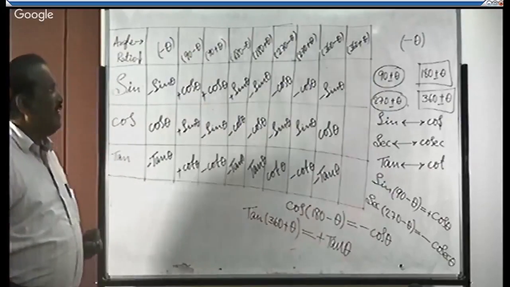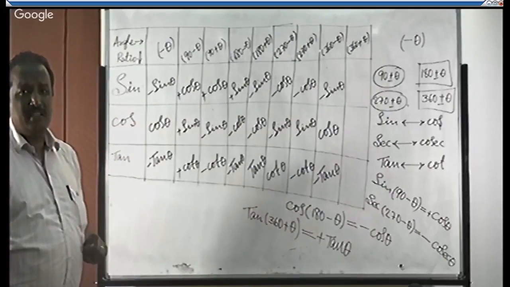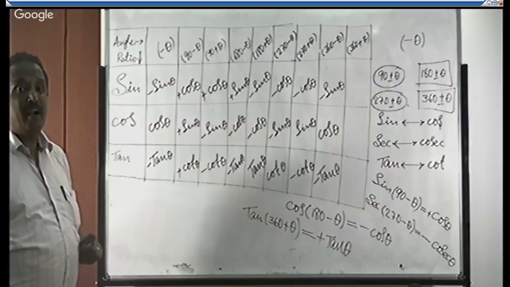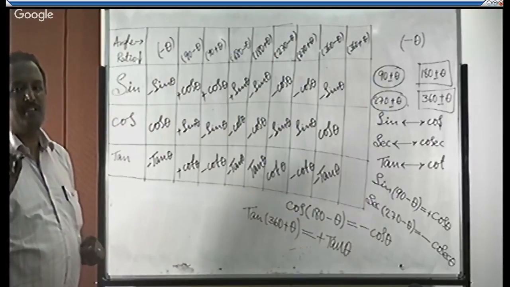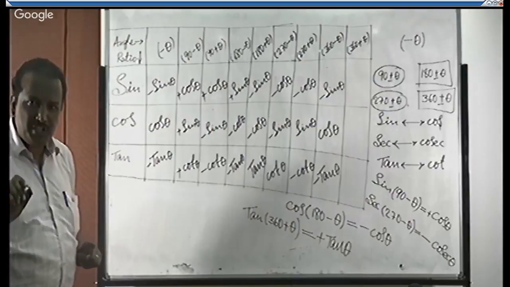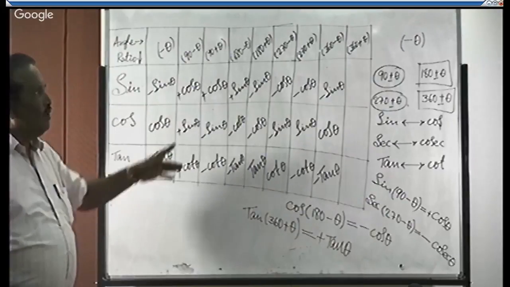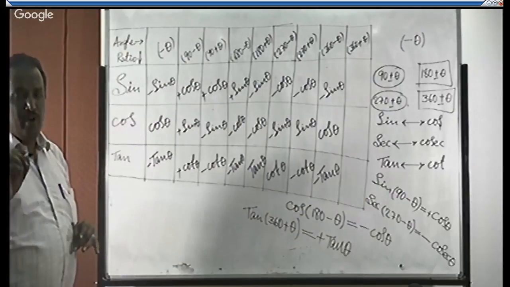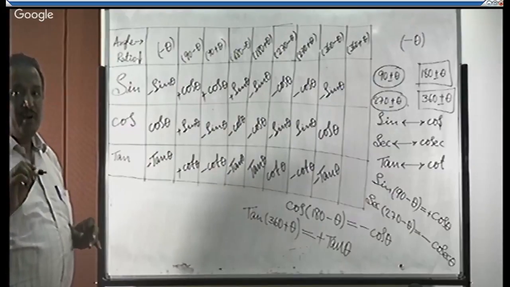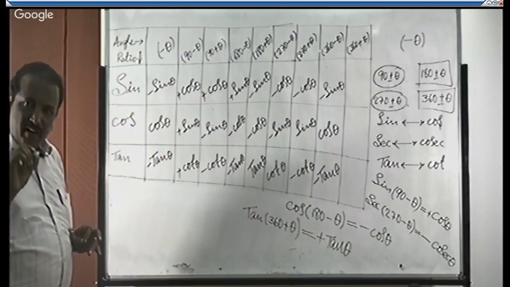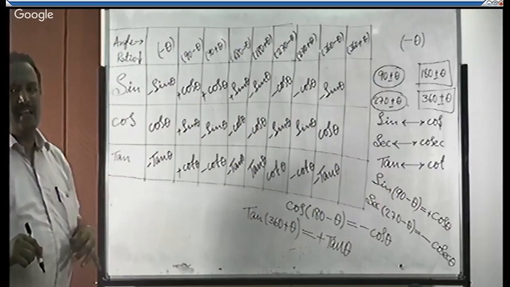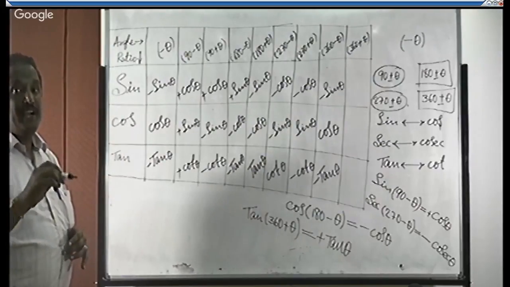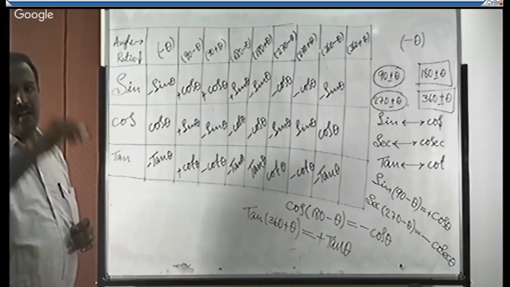Right? Then 360 plus theta, again it is coming under the first quadrant. You need not check the sign, because in the first quadrant, according to the ASTC rule, all are positive. So you have to recall once again, whenever we connect any trigonometric function to an angle of the type 360 plus theta, whatever angle is on the left hand side, write down the same angle on the right hand side.